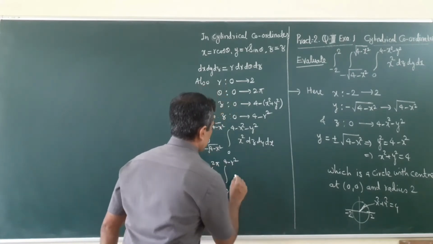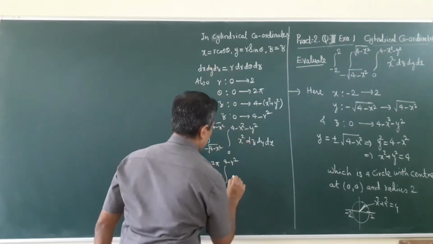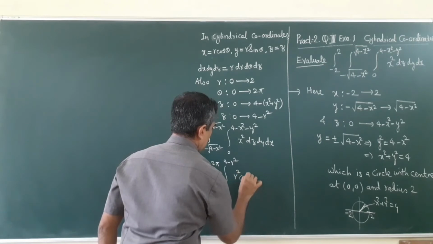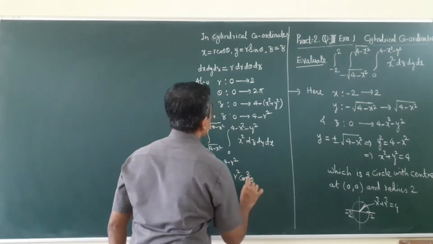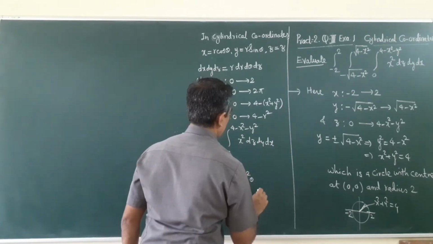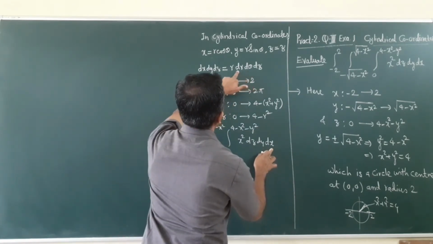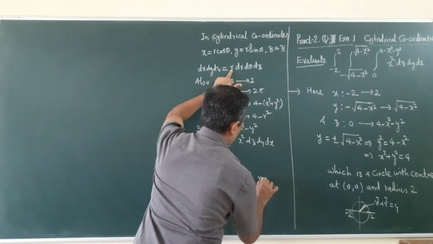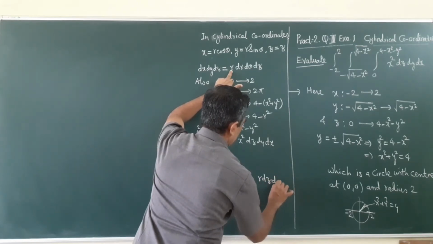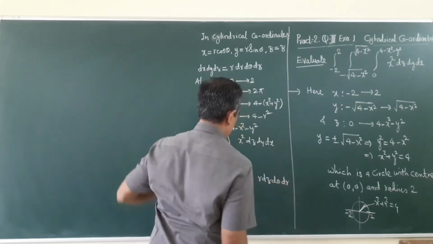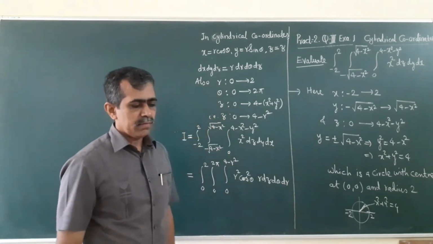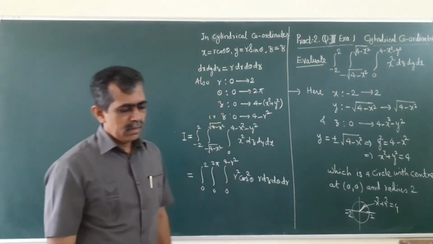Now x square is r square cos square theta, and dz dy dx will be r dz d theta dr.